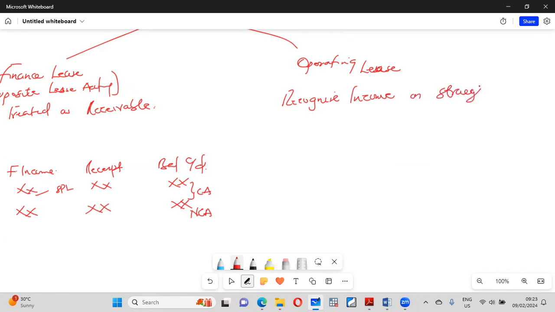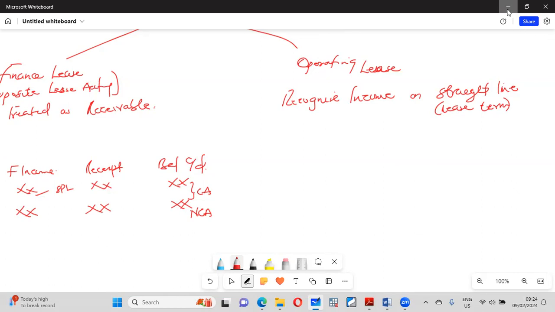You divide the total income over the lease term, so your useful life is the lease term. If there is any other cost, those are added to the cost of negotiating the lease.